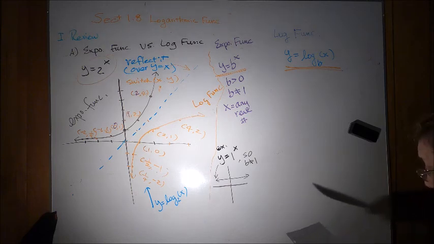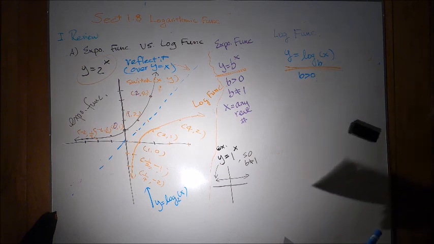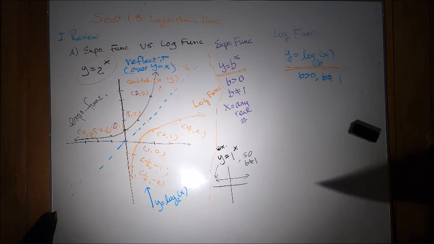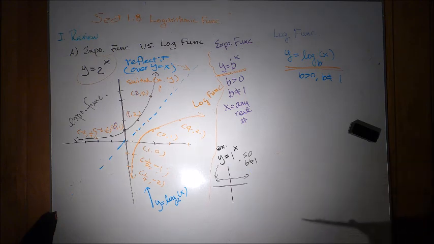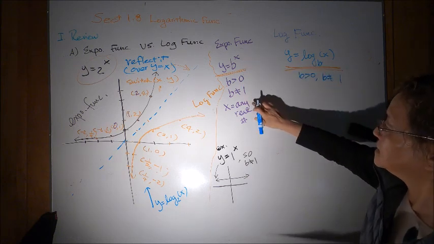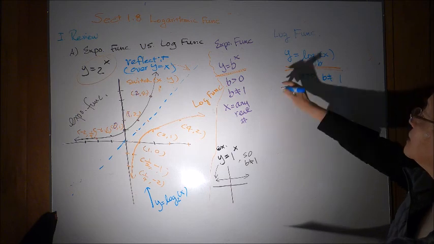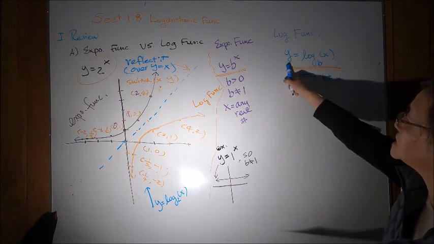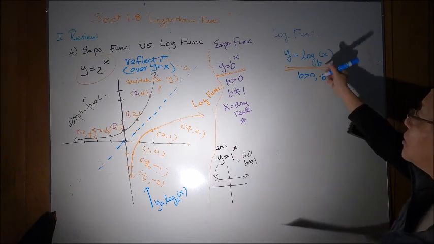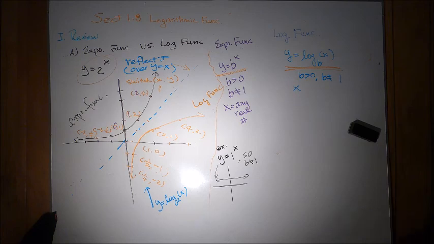And same thing, the base is bigger than 0, and we don't use 1 for the same reason. And what's your x? Here, in the power position, it is any real number, right? Then y is a function in terms of x. Then we have to know what kind of x we are using. What do you think?